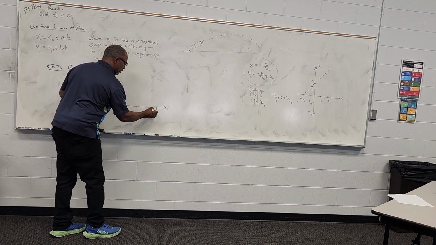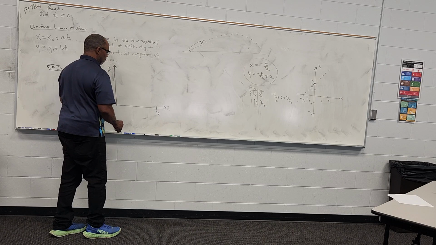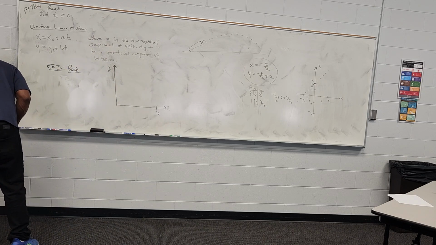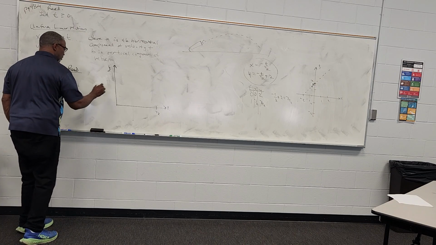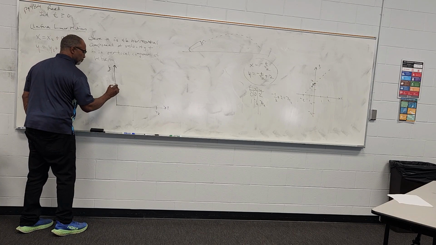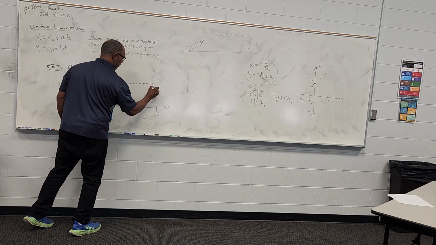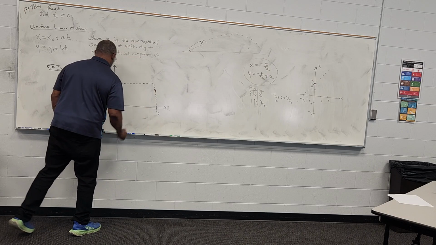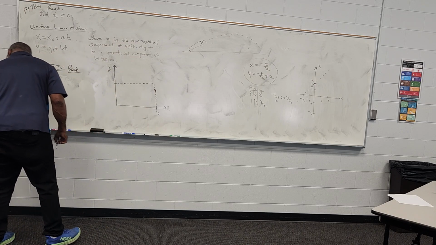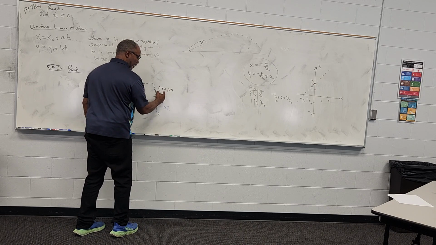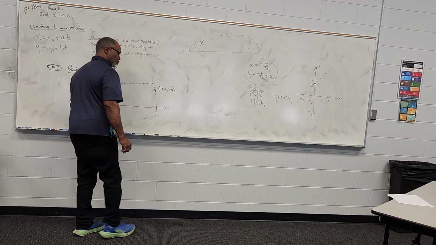So let's say from here to here is 72 feet, and from here to here, I need to go up to maybe about 30. The coordinates of that point are 72, 24. X coordinate is 72, the Y coordinate is 24.